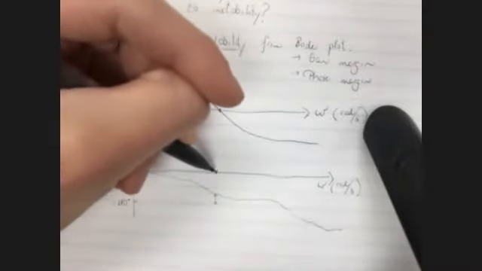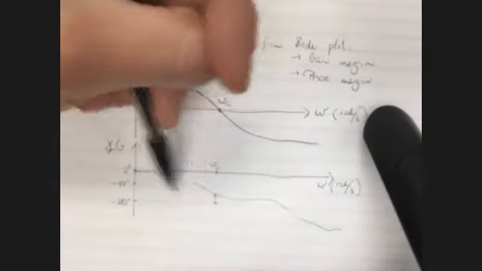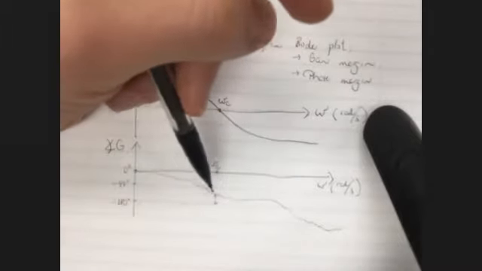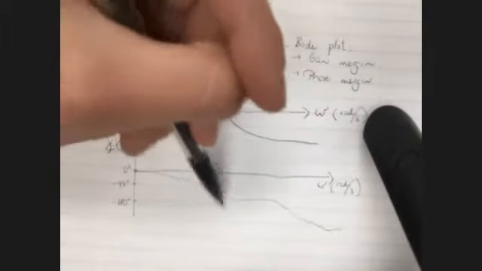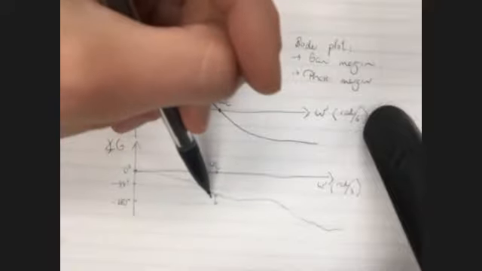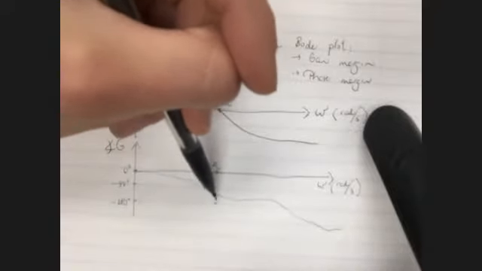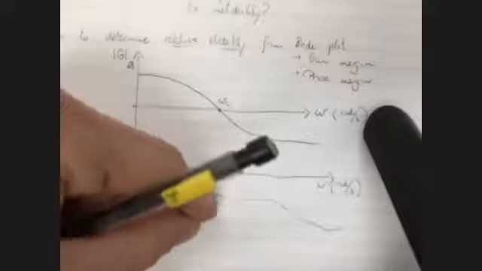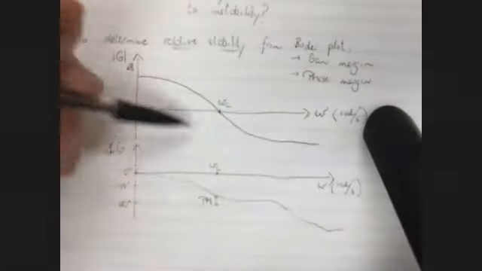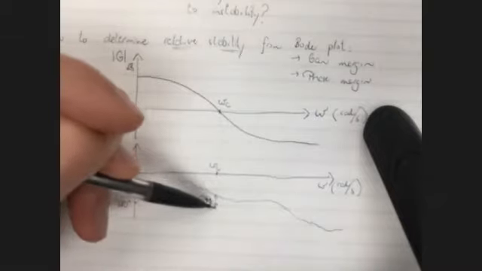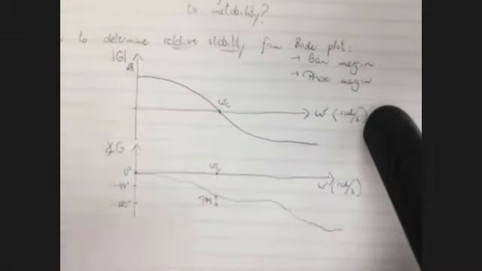I mark it down here, omega C, and I check what my phase is for omega C. If I'm above the negative 180, then I'm on the stable side. What you want to make sure is that you've got enough of a buffer here. As you get closer and closer to the negative 180, your phase margin is going to drop. So phase margin is going to be that difference in degrees between the negative 180 and whatever phase you've got at that point.